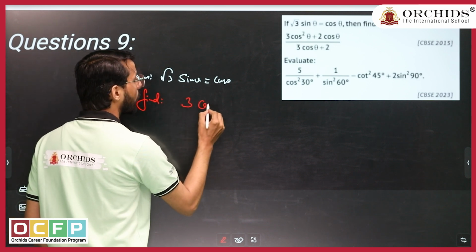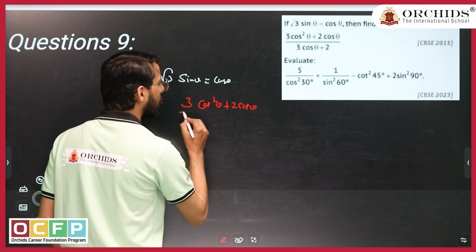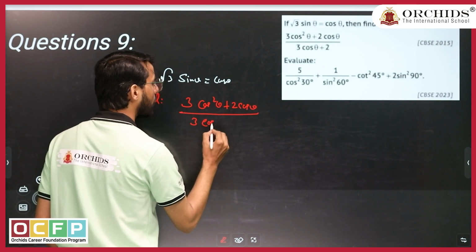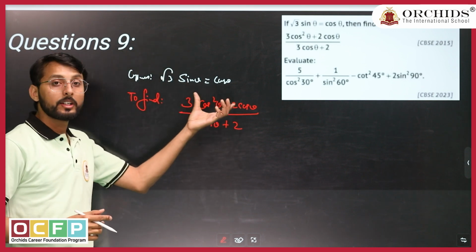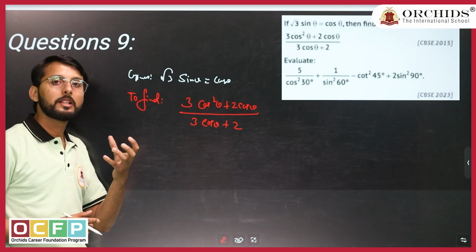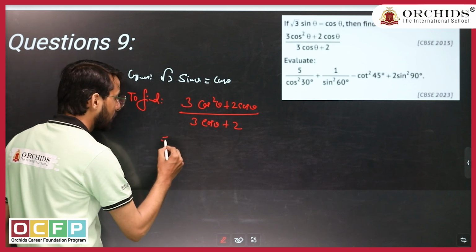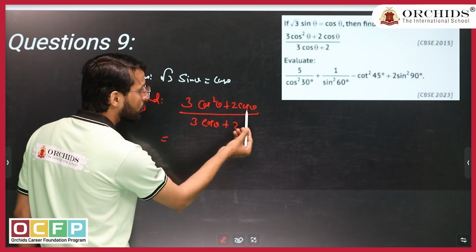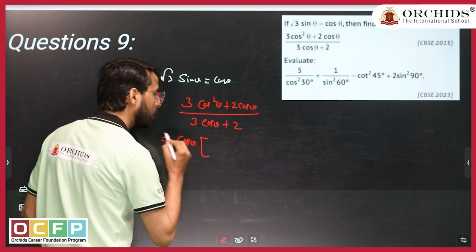3 cos square theta plus 2 cos theta upon 3 cos theta plus 2. Now again something is given as numerator by denominator. The first thing that should come to our mind is, is there anything common between numerator and denominator? I can see cos square and cos, there is a cos term common in the numerator part.